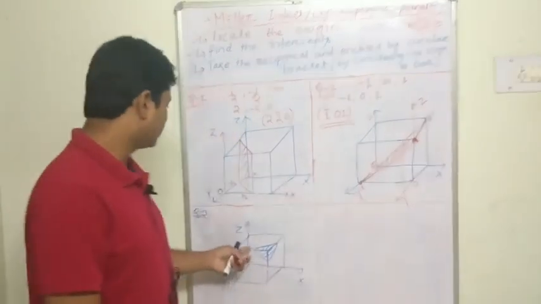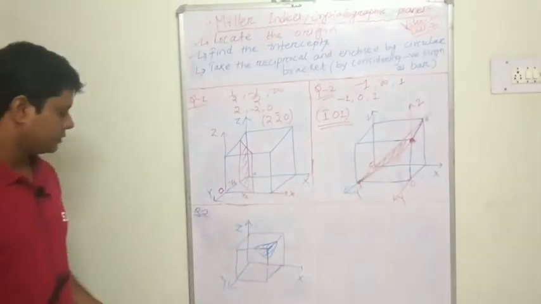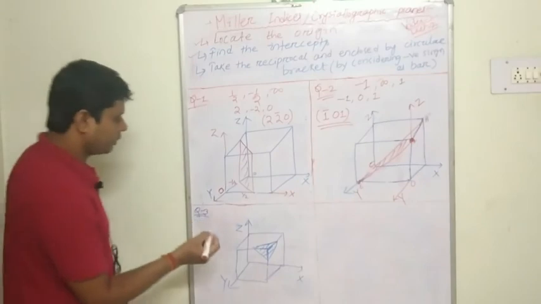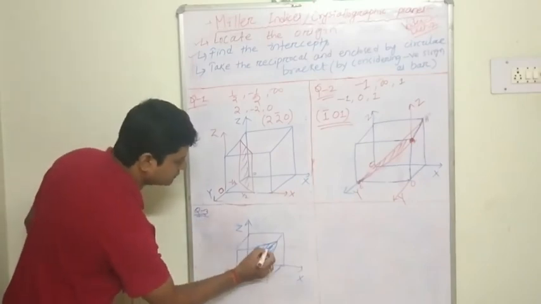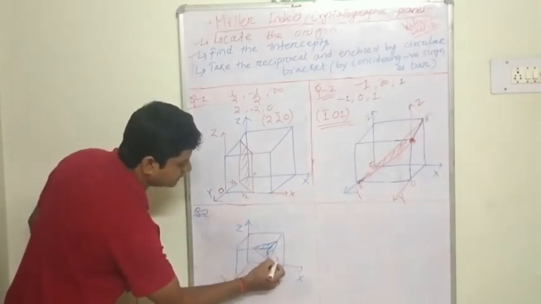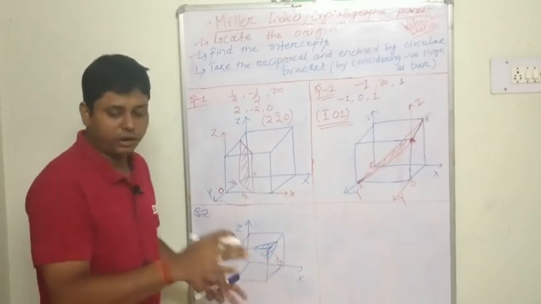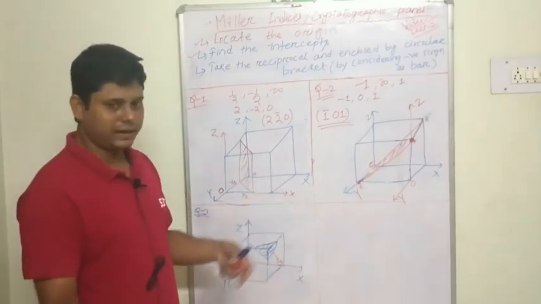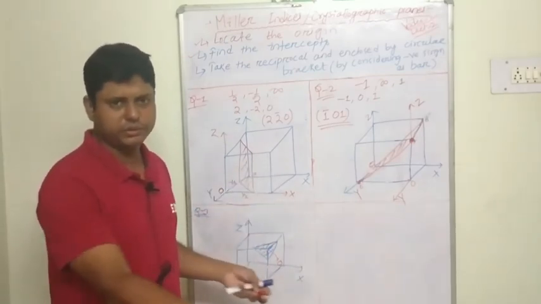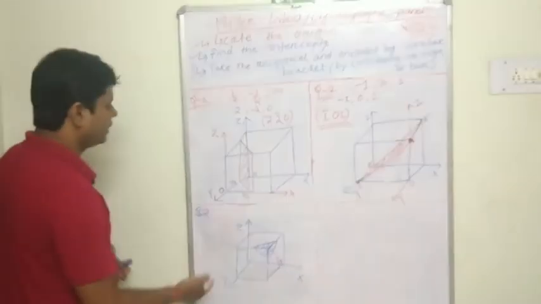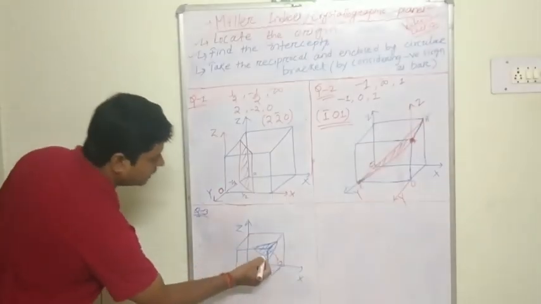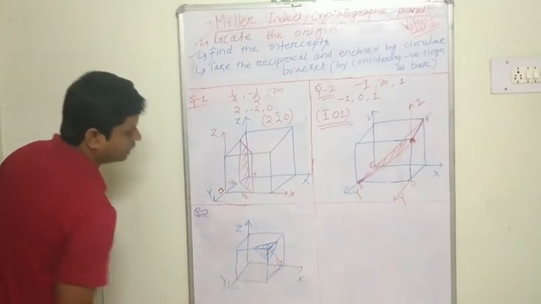Okay, now we have to consider this one. For this one, the origin will be considered here. This question we have already done previously, and if it is like this, then we consider this as the origin.